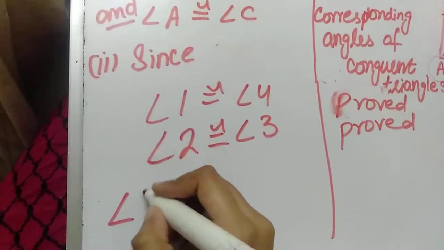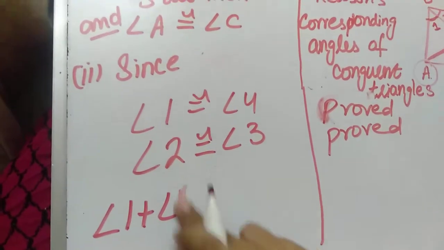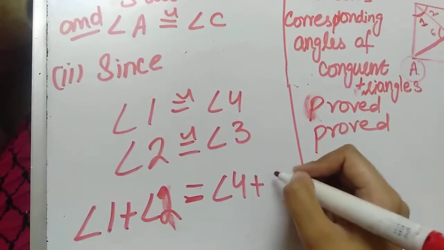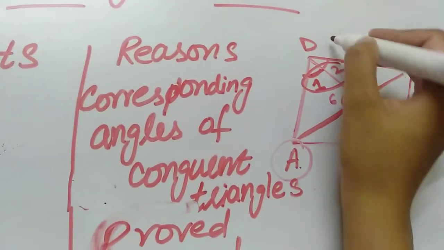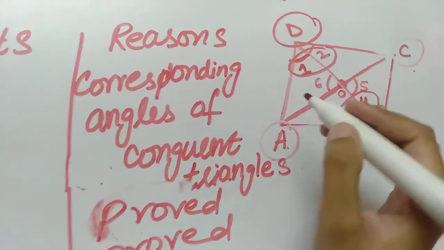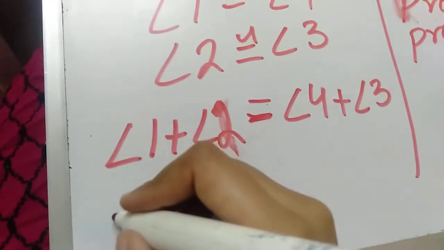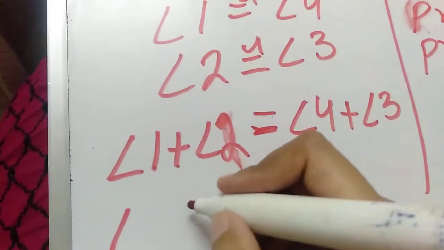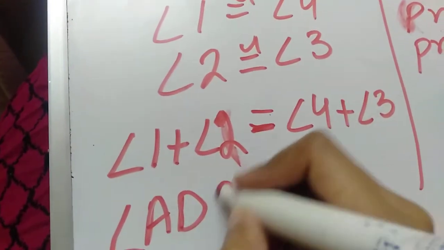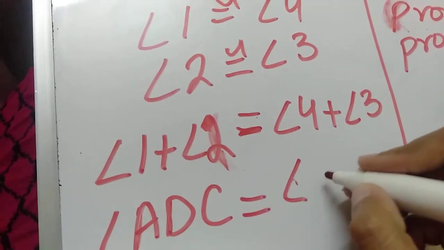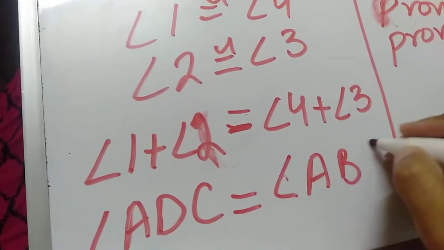So if I add angle 1 and angle 2, this will be equal to the sum of angle 4 and angle 3. If you see in the diagram, angle 1 and angle 2 form angle D, and angle 3 and angle 4 form angle B. So can we write in place of 1 and 2 angle ADC, and in place of 4 and 3 angle ABC.